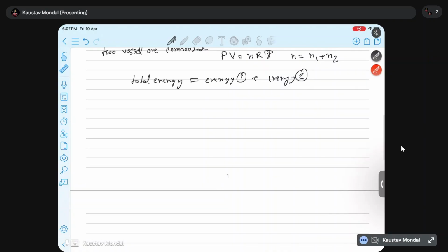So for the total mixture, we are taking a three-dimensional system, so there will be a 3 by 2 factor: 3 by 2 N kT, and this would be 3 by 2 N1 kT1 plus 3 by 2 N2 kT2, right?